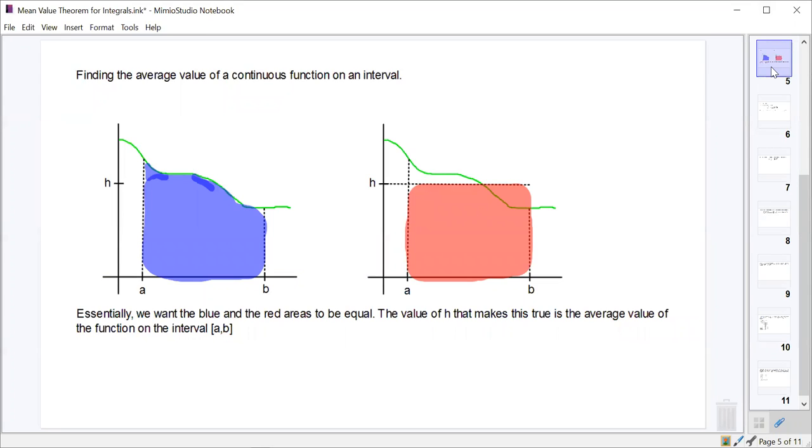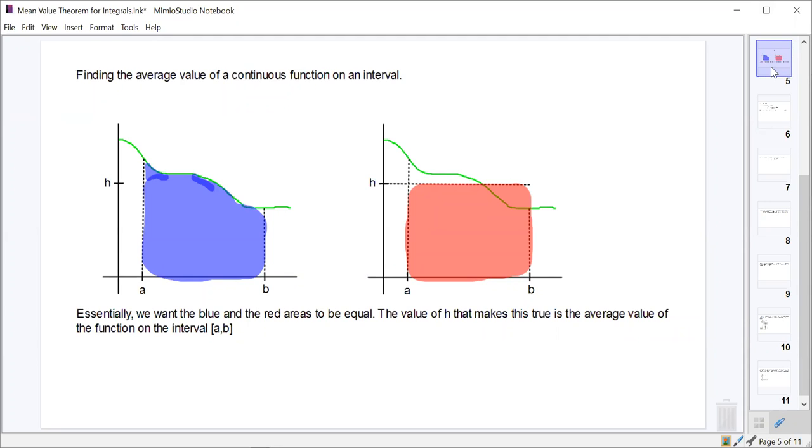Well, that's all real great, finding an average of a bunch of numbers. That's easy to do. You add them up, you divide by the number of them. But what if I wanted to know the average value of a continuous function on some interval?